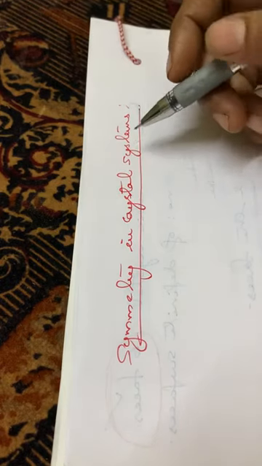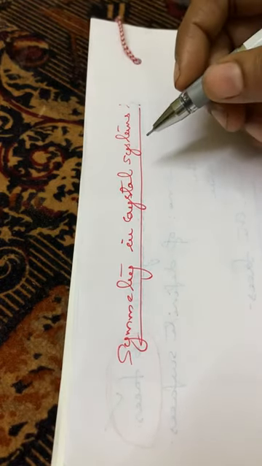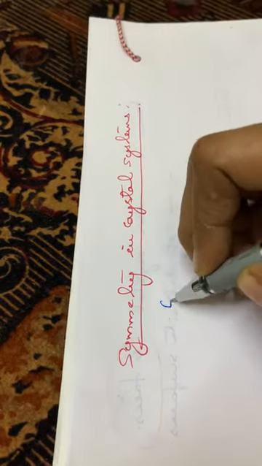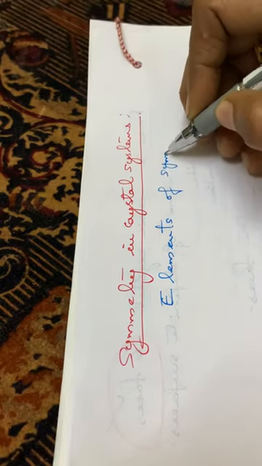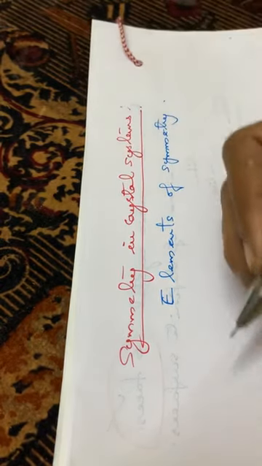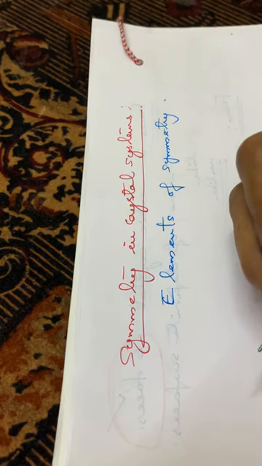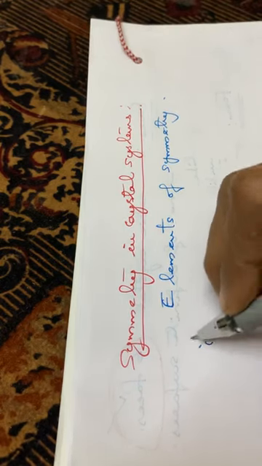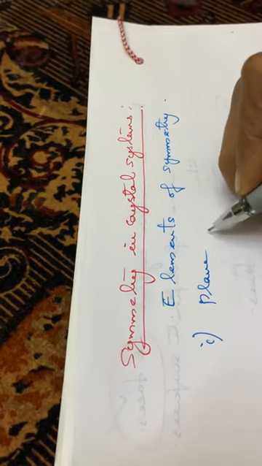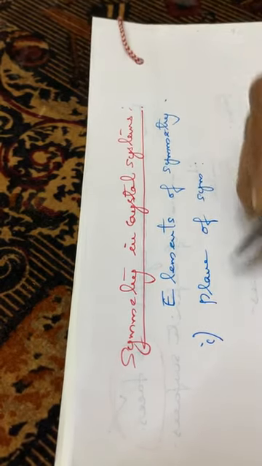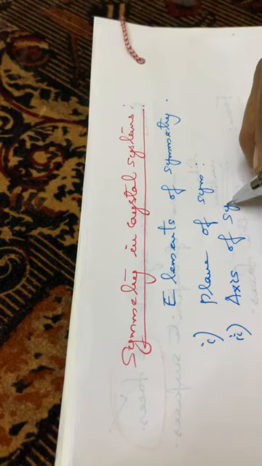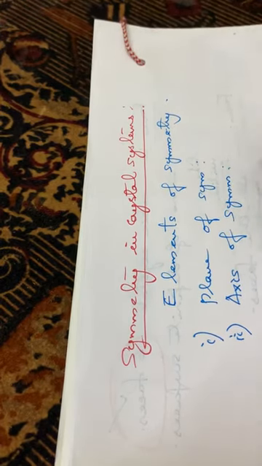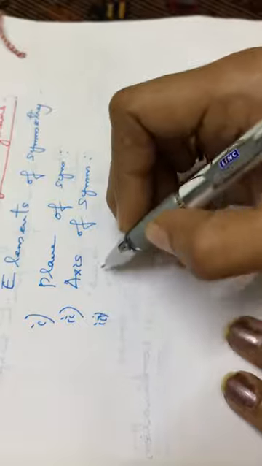For studying the symmetry in crystal systems, you have to go through mainly 3 types of symmetry. We can call them the elements of symmetry. There are three elements of symmetry: the first is the plane of symmetry, the second is the axis of symmetry, and the third is the center of symmetry.